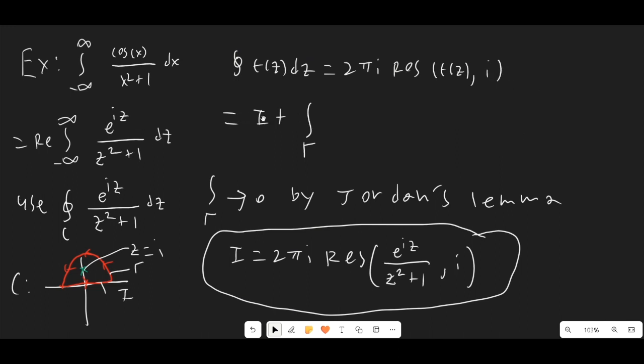And it's also going to be equal to our integral over the real axis, which we call I, plus the integral over gamma. And you can go ahead and show that the gamma integral goes to 0 using Jordan's lemma. And this means that 2 pi i times the residue equals our integral over the real axis, which also equals this integral right here because the imaginary part is going to be 0.